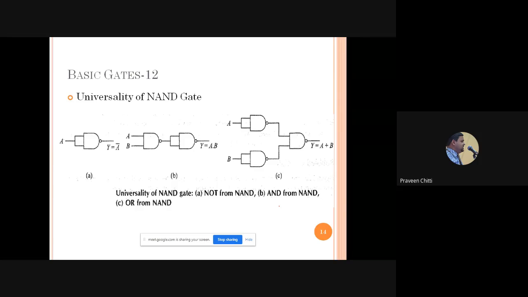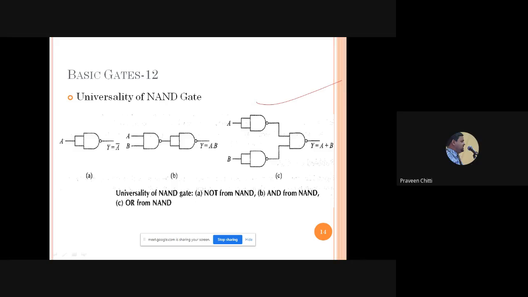How we have shown NOR as a universal gate, here NAND also can be shown as a universal gate. Again, you have already studied this. You can just go through this slide. This is called the universal property of the NAND gate. By shorting both the inputs, we can get a NOT gate, and giving the output of a NAND gate to a NOT gate, we can get an AND gate, and giving each input in complemented form to the NAND gate, we can get an OR gate.